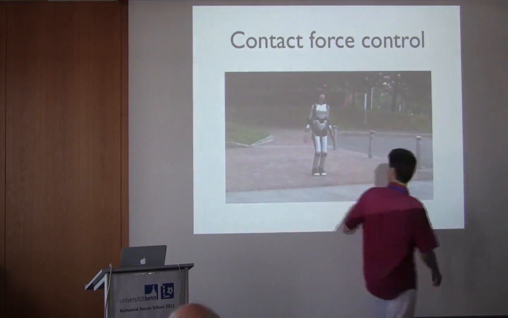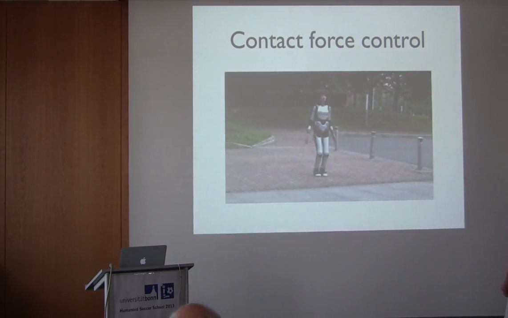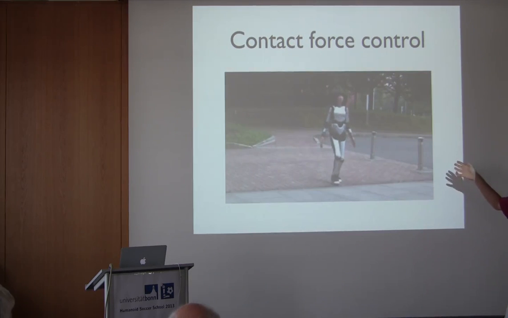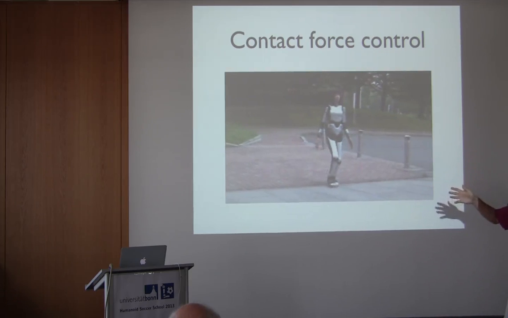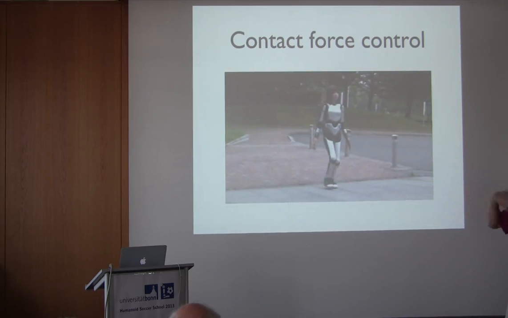So the HRP4 robot, which is very interesting to see in real life. So walking on the pavement. So here, the walking motion was predefined, and what was tested is this motion stabilizer.